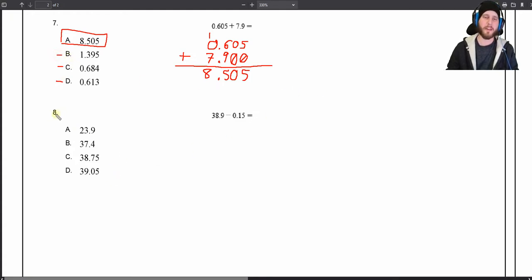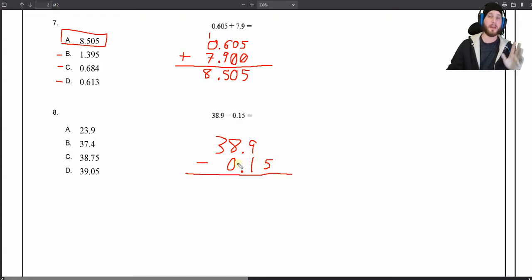For number 6, speaking of subtraction, this one is subtraction. 38.9 minus 0.15. So 38.9 minus, make sure my decimals are lined up first and foremost, 0.15. So remember, anytime you need an extra thing, it is a placeholder 0.